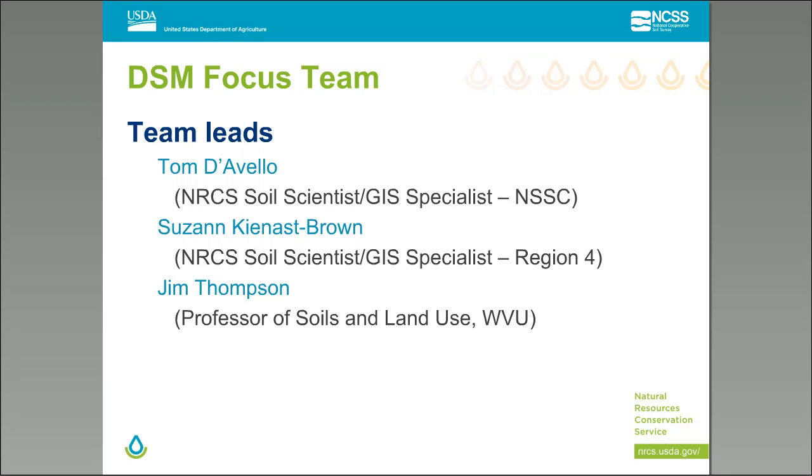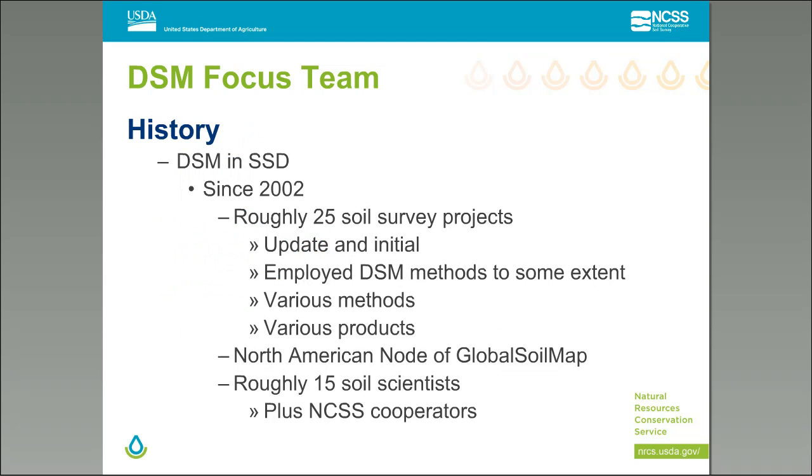I've already introduced our group, but these are the co-team leads, myself, Suzanne, and Jim, and I'll provide a little bit of history. If we stretch the timeline and are a little bit liberal, the start of Landsat in 1972, in my mind, was the start of digital soil mapping activities within the Cooperative Soil Survey.